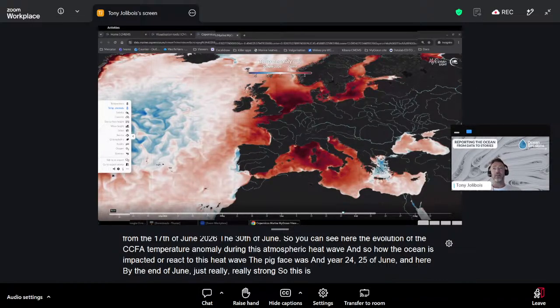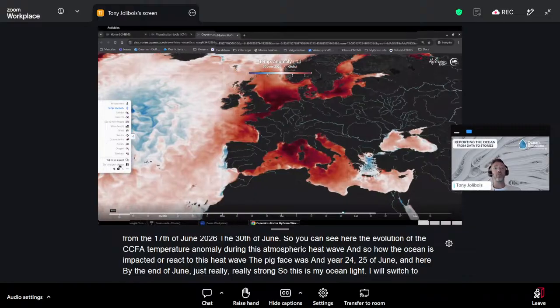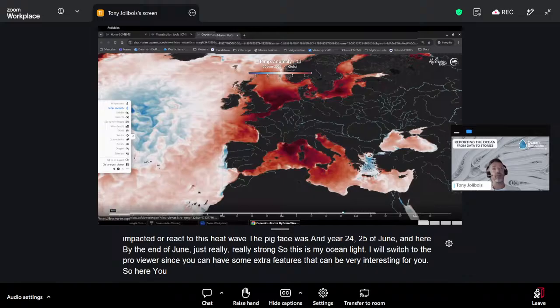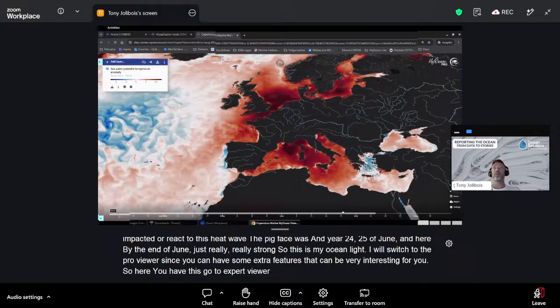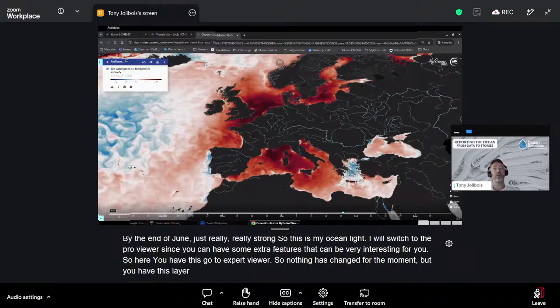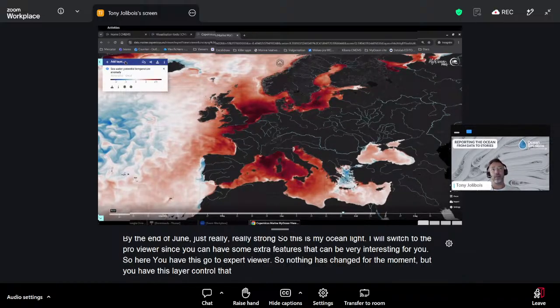So this is My Ocean Lite. I will switch to the pro viewer, since you can have some extra features that can be very interesting for you. So here you have this go to expert viewer. Nothing has changed for the moment, but you have this layer control that is a bit different.